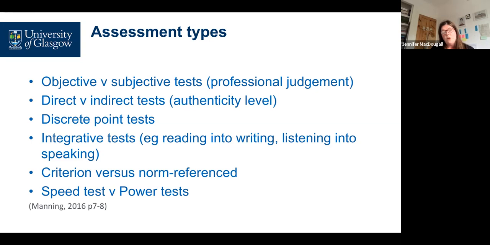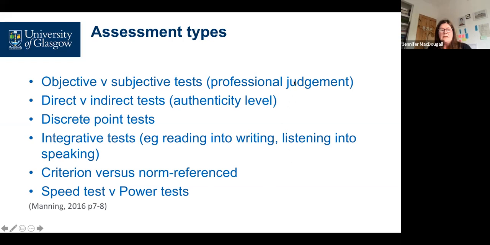So the performance is assessed through the output of writing or speaking, but it's linked to what the person is doing internally through the reading, the listening assessments. And in fact, at times you can have an integrative test which combines more than 2 skills together, but you can only really assess the output skill.